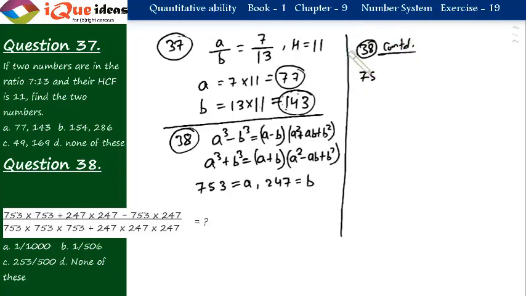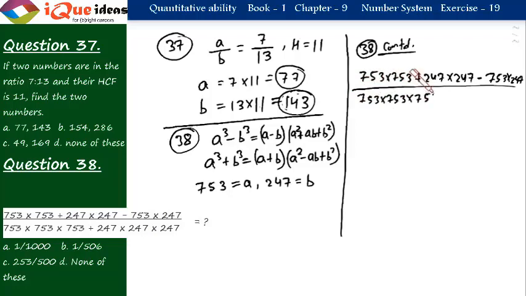It says 753 into 753 plus 247 into 247 minus 753 into 247, divided by 753 into 753 into 753 plus 247 into 247 into 247.